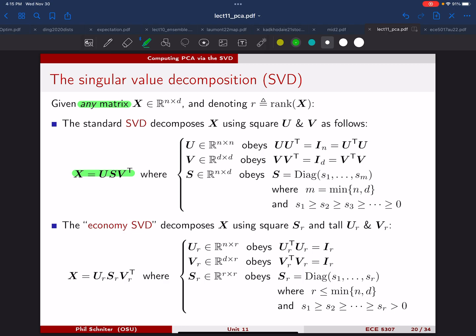And then S is a diagonal matrix. So overall, when you look at this, the interpretation that I like to use is that multiplication of a vector by X can be thought of for any matrix X as a three-step process: a rotation, a scaling, and another rotation.